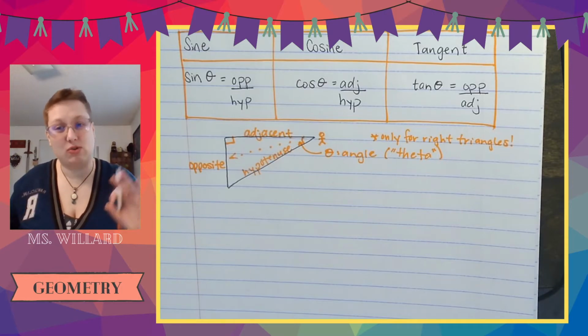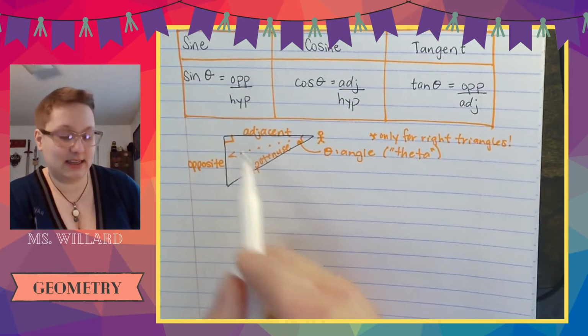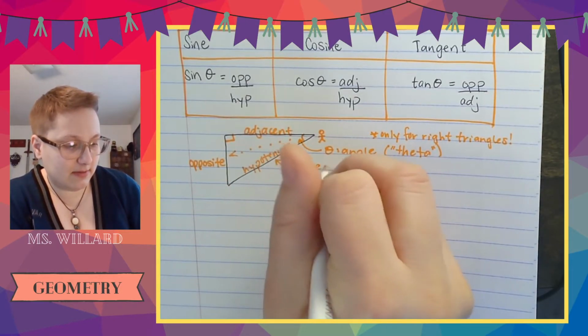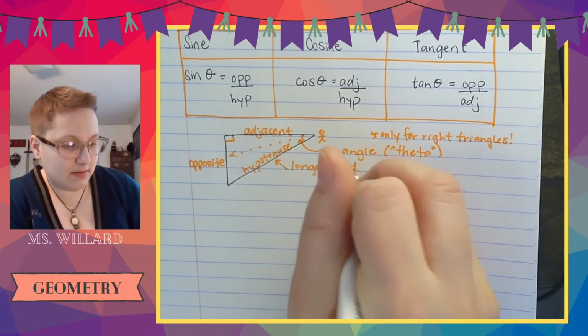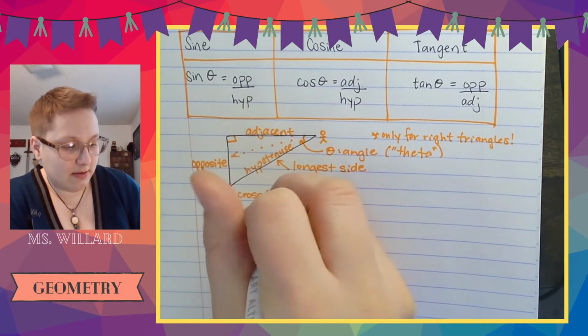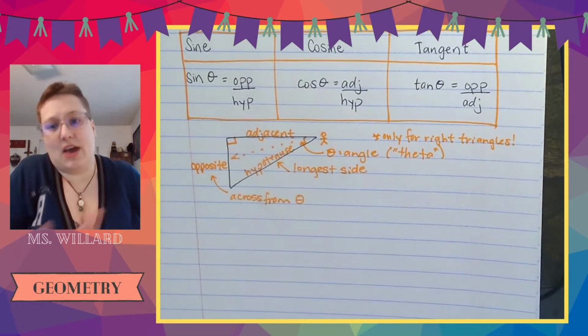Because the hypotenuse is always across from the 90-degree angle, or it's the longest side. Opposite is across from theta, and adjacent is the other one.